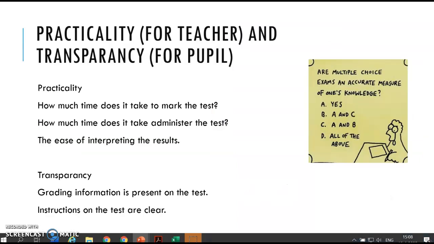So a little bit more about practicality for the teacher and the transparency for the pupil. The two other terms are more explained in the video that I'd like you to watch for this week. Practicality is very much about how much time it takes to mark the test and to administer the test.